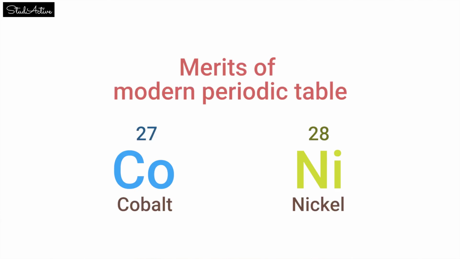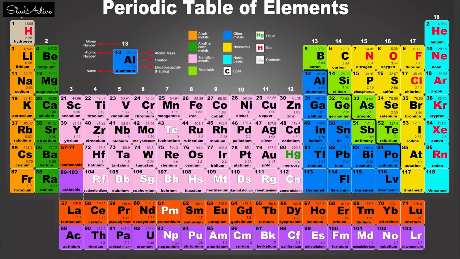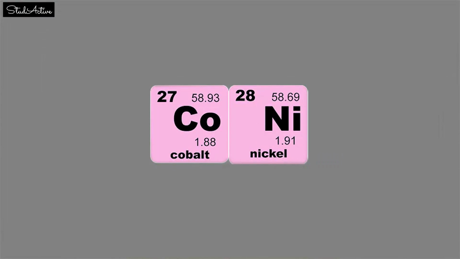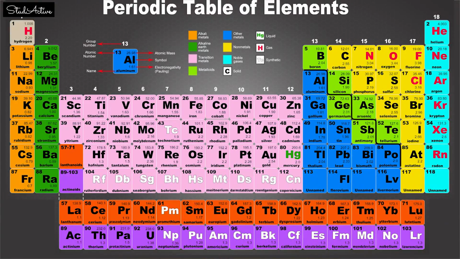Hence, cobalt will be placed before nickel. But in Mendeleev's periodic table, we know that the atomic mass of cobalt was 58.93 and that of nickel was 58.71. Therefore, cobalt will come first due to its atomic number and then nickel, though its atomic mass is greater.